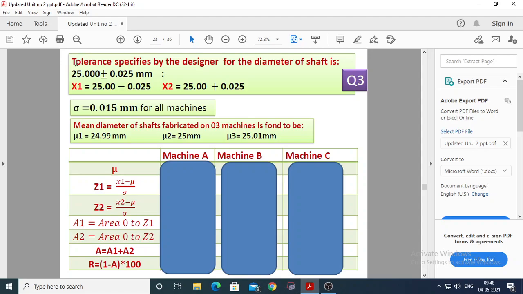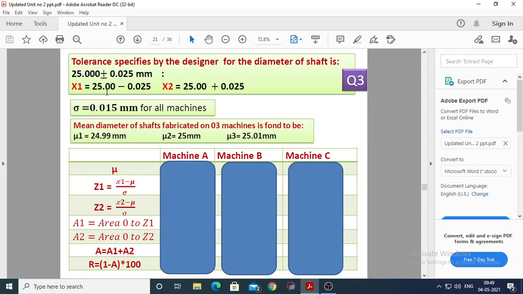Okay, check that. The tolerance specified by the designer for the diameter of the shaft is 25.00 plus or minus 0.025 mm. Indirectly you have given the values of x1 and x2.